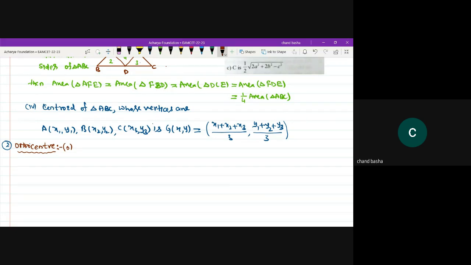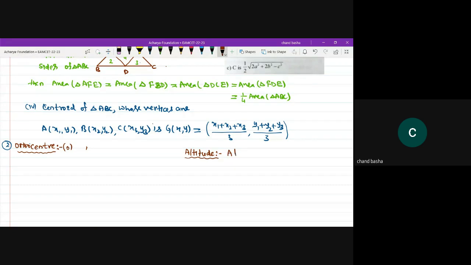So what is meant by an orthocenter? We require an altitude first. I can define an altitude as a line drawn from the vertex which is perpendicular to the opposite side.